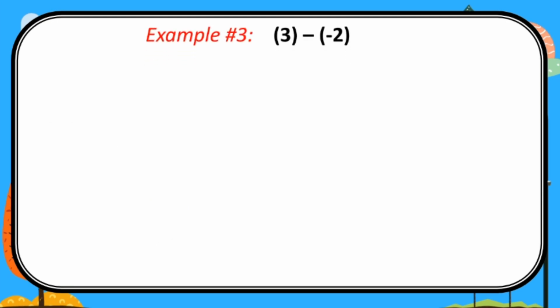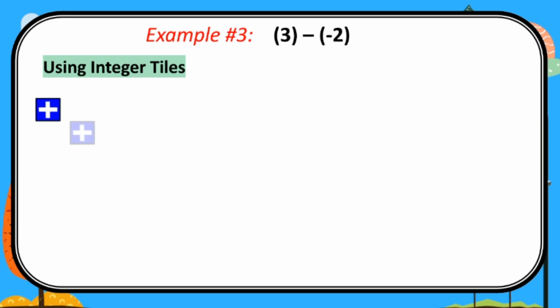Example number 3. Positive 3 minus negative 2. Kung mapapansin natin, different signs silang dalawa dahil ang isa ay positive, ang isa naman ay negative. Using integer tiles. Ang minuend natin ay positive 3. So, kailangan natin ng 3 positive or blue tiles. So, we have 1, 2, and 3.